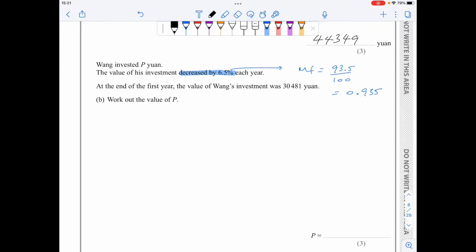So the value of P, which is the initial one, will be multiplied by the multiplying factor to the power of 1, because that's for 1 year, and this will give me the final value. So to find P, I will just divide the final value by the multiplying factor, and this will give me 32,600.